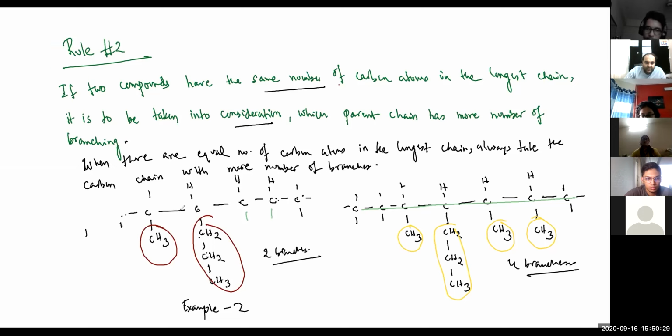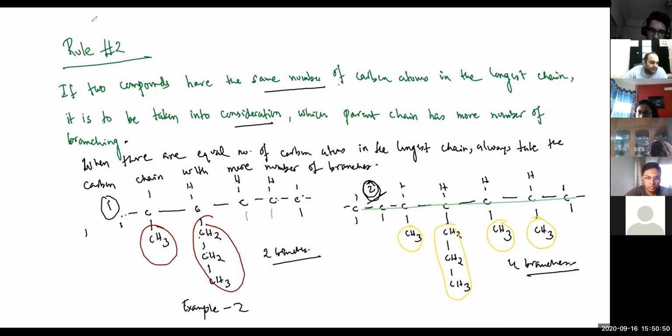So here they have given you 2 compounds. This is example 1 and this is example number 2. So which one is the correct way of representation? Example 2. So that's basically what rule 2 is.